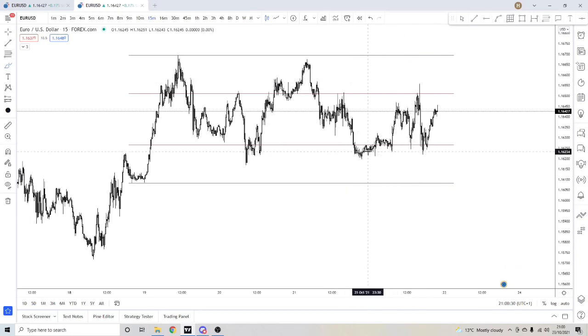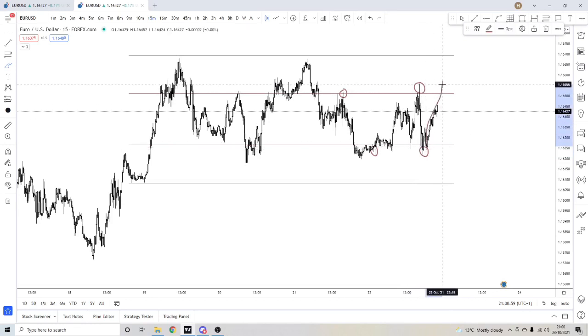Now, obviously, we'd be taking shorts here. Obviously, we get this changing character back down here, so we'll probably be taking longs within this wick. And what happens? Obviously, price gets back up into this top third again, shorten it back down to the bottom third, and again looking for longs to potentially take back up into this top third.